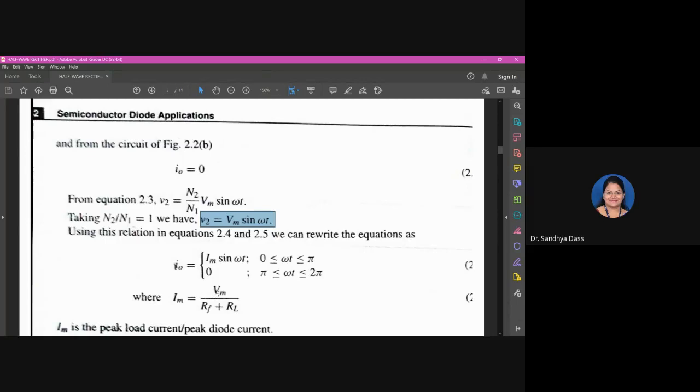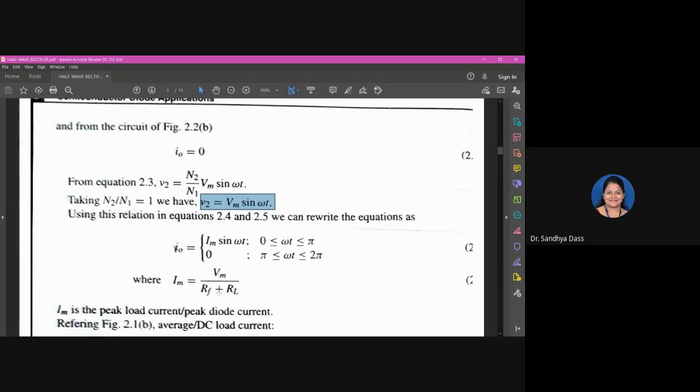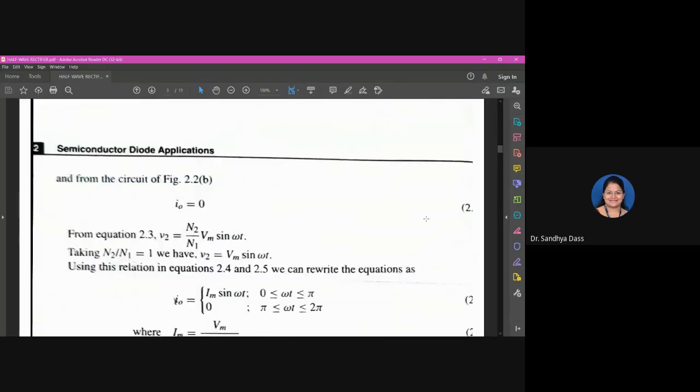Now from both the conditions and from the waveforms, the output current I naught will be equal to Im sine omega t during the interval 0 to pi. I'll go back to the waveforms there.